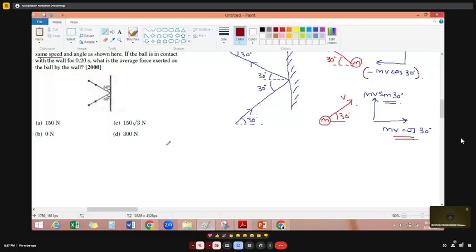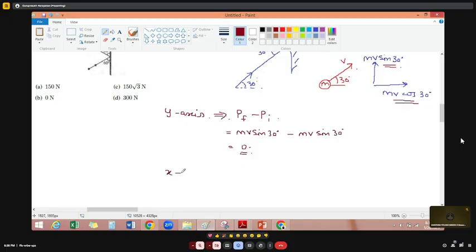Okay, so listen carefully. Y-axis: momentum final minus momentum initial is equal to mv sin 30 minus mv sin 30, which means it is equal to 0. X-axis, same thing: momentum final minus momentum initial.